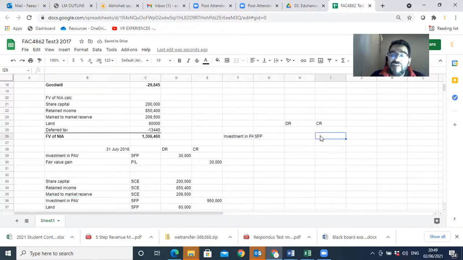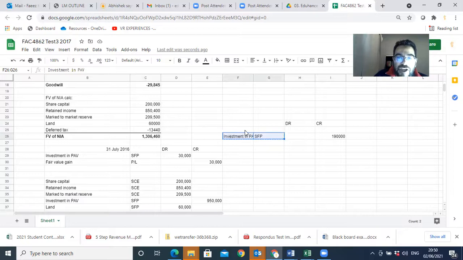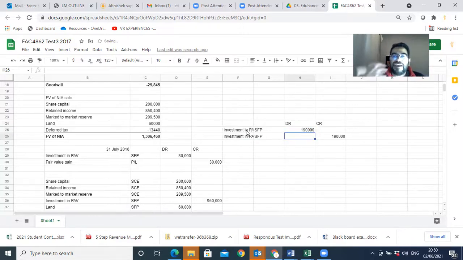You're disposing of it at fair value, which is 190. And then immediately you are reacquiring it at fair value, so you debit 190. Therefore, there's no need to do the journal entry, because the credit and debit are to the same account.